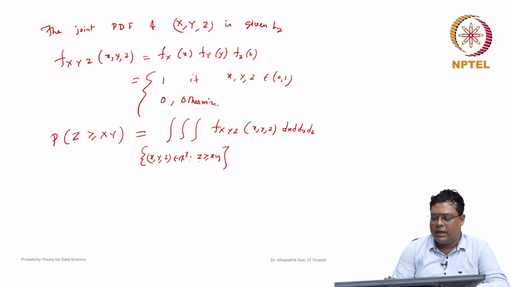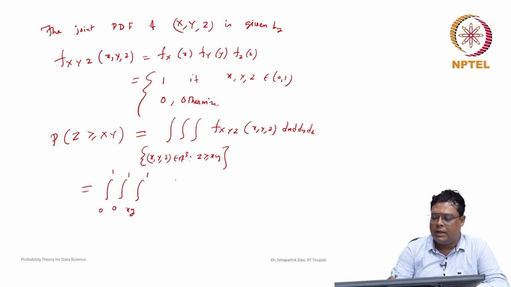The region is defined by 0 to 1, 0 to 1, but for z it is greater than or equal to xy. So we can write the first integration for z as xy to 1, and for the other variables it is 0 to 1.